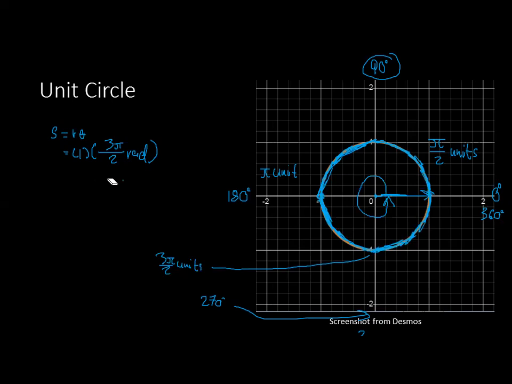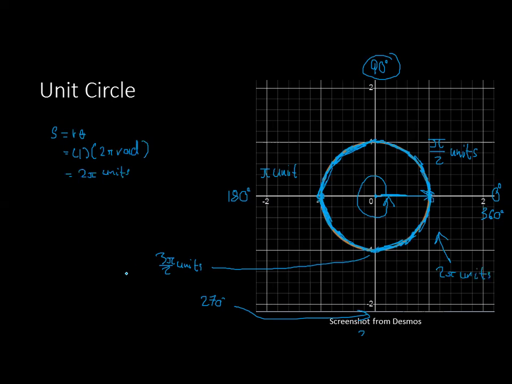The arc length here would be 1 times 2 pi radians because you've covered 360 degrees in total. One whole rotation or one whole revolution is 360 degrees or 2 pi radians. So this is 2 pi units. That means one whole arc length of a unit circle is 2 pi units.